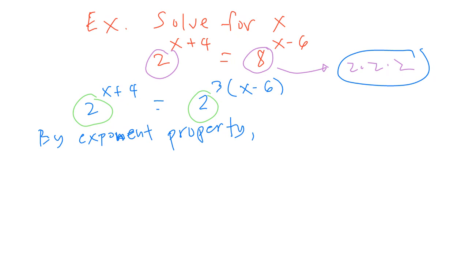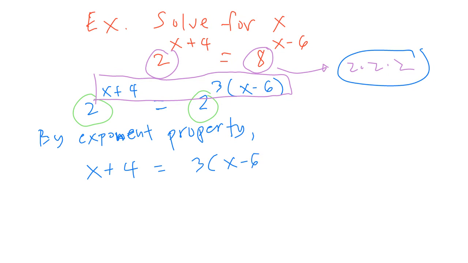So in the previous example, we put the power into one equation, so these powers here, and then ignore the base or disregard the base. So our answer now is x plus 4 is equal to 3 times x minus 6. And then we are going to find the value for x here, solving for x.